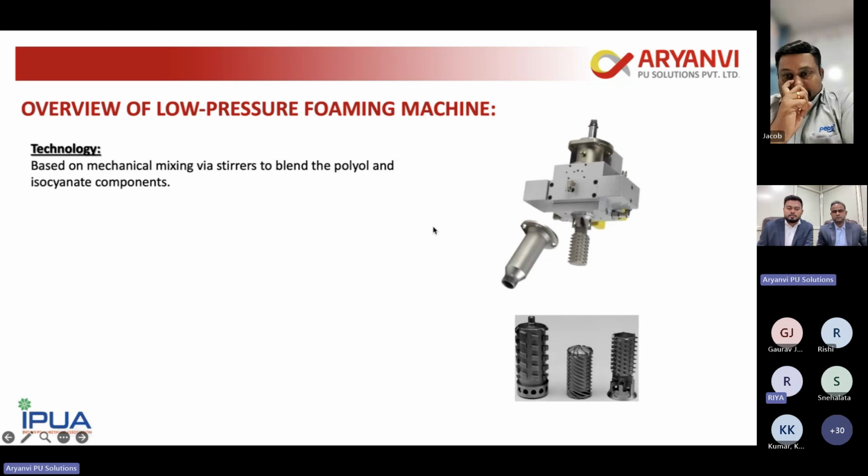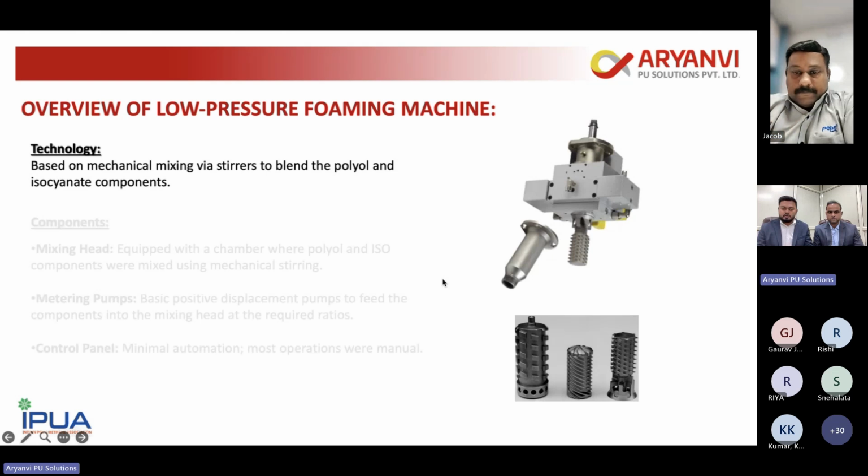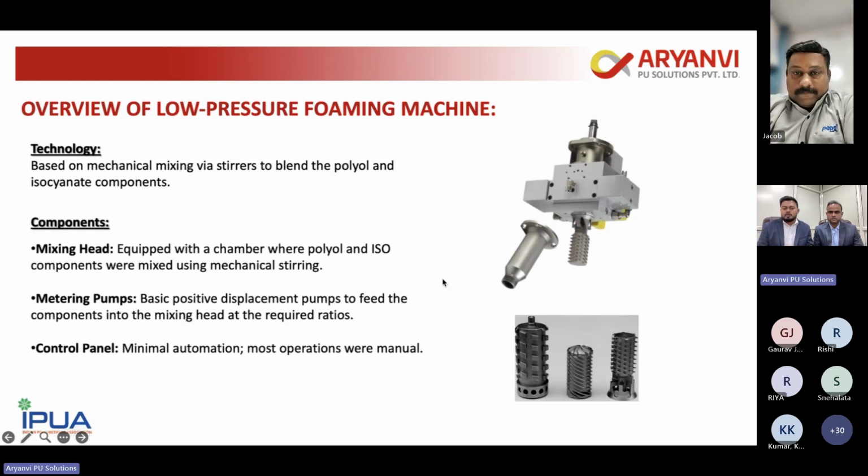There are multiple types of elements or stirrers available in the market to cater to different kinds of applications. If I talk about the components used in the low pressure machine, the main component is the mixing head, which I have shown here for your quick reference.